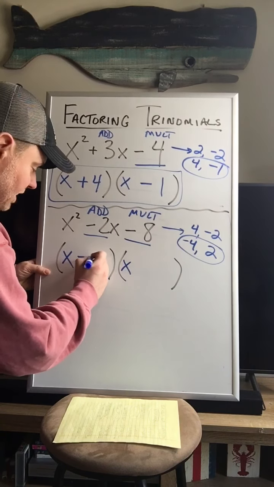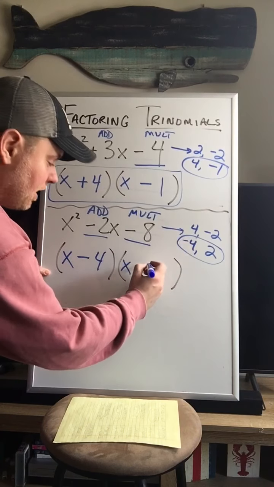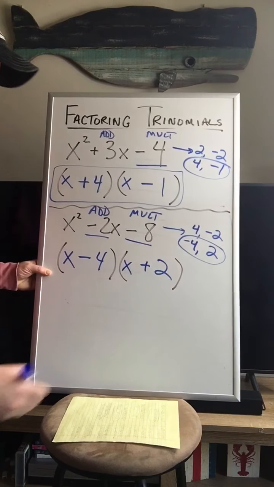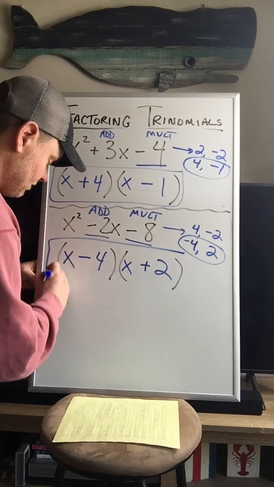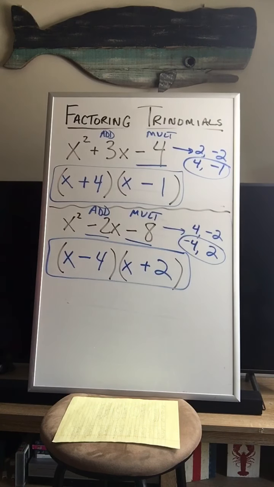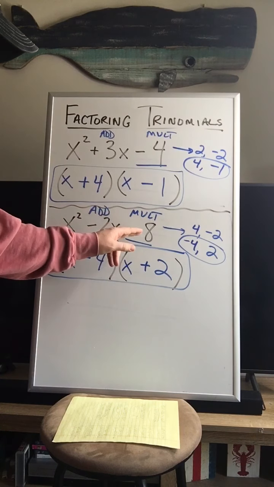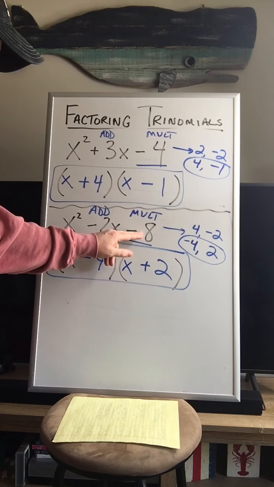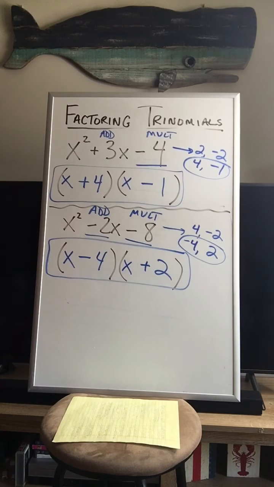So it'll be -4 in one of the binomials and +2 in the other binomial. So you have to make sure you pay attention to the sign. The numbers have to multiply to this number and add up to the middle number, paying attention to the sign.